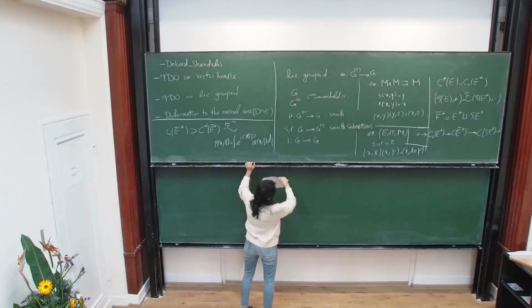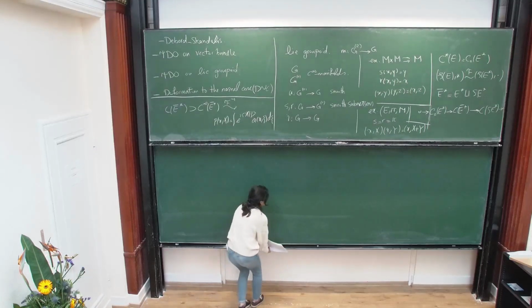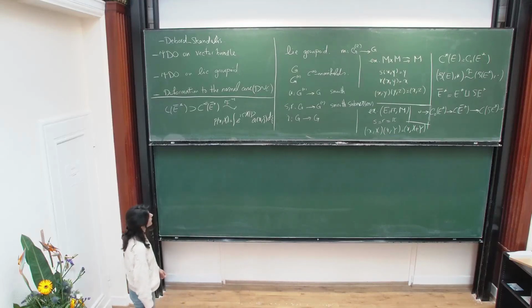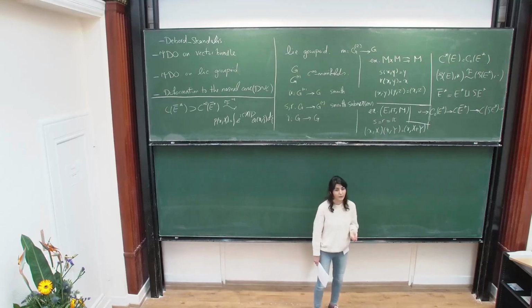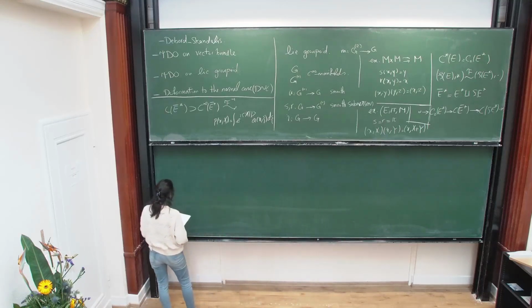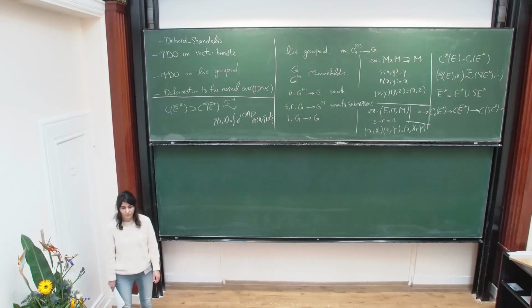So this helps us to define a pseudo-differential operator on the groupoid. To do that, we use the tubular neighborhood construction. The integral as it stands is just a conormal distribution, right?